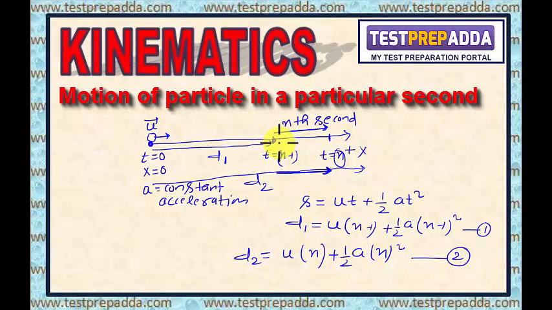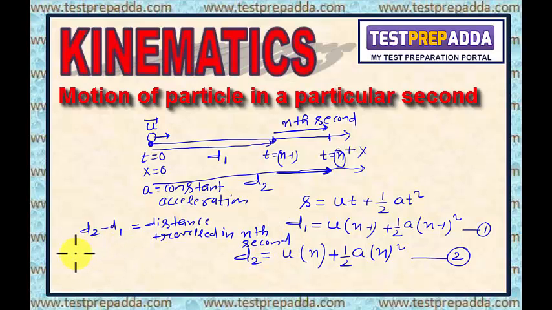Now, to find the distance traveled by the particle in nth second, I'll subtract this d2 minus d1. d2 minus d1 is actually distance traveled by the particle in nth second.